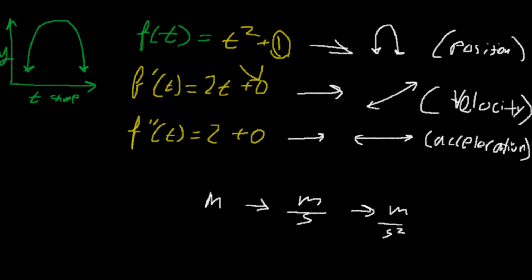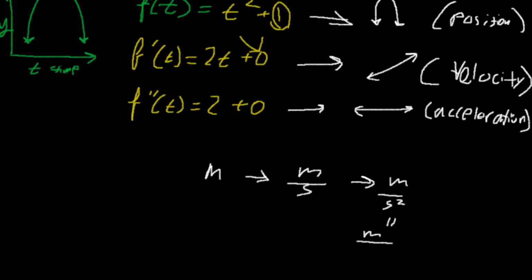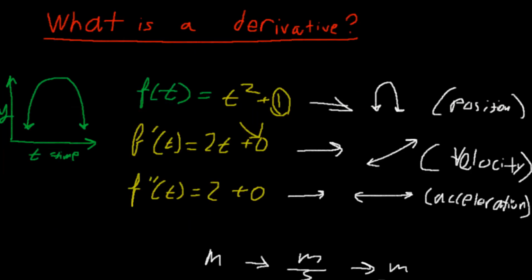As you take a derivative, it's the rate of change of something per unit of time, and you divide by another unit of time, because you can rewrite this: m over s, over s, is equal to m over s squared. That's the idea of a derivative.